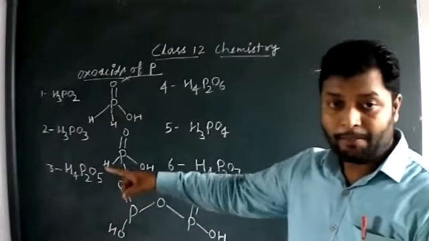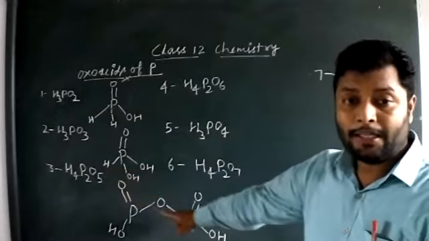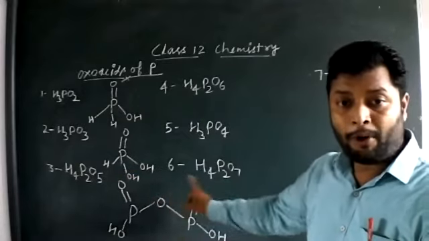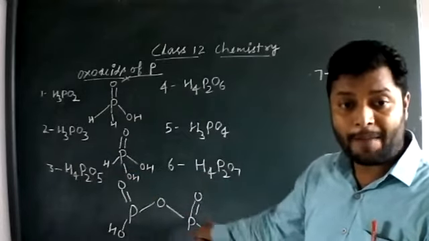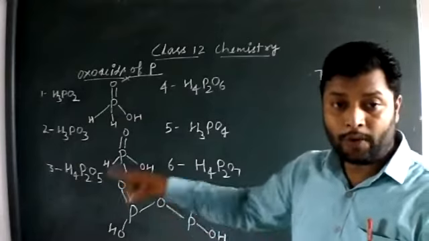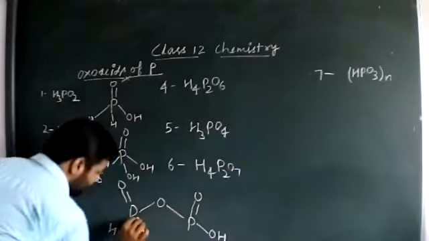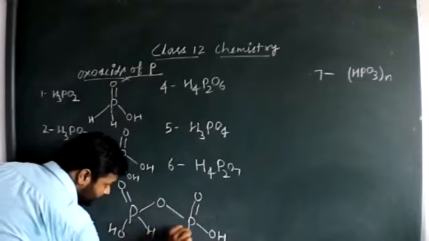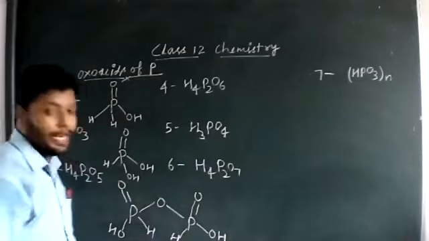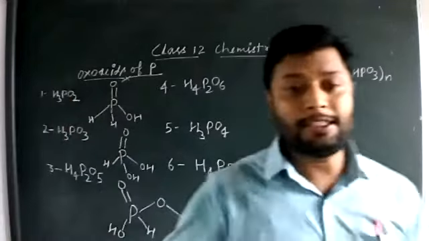You can see from the formula, 2 phosphorus, 5 oxygens are utilized. 2 hydrogens remain in the formula. That will be like this. You can see the structure again.